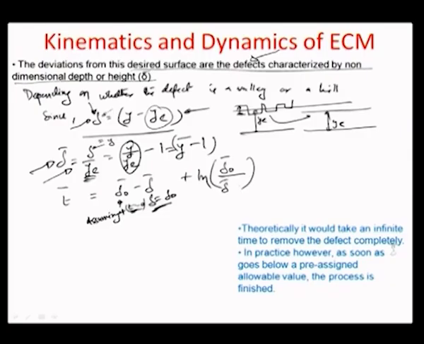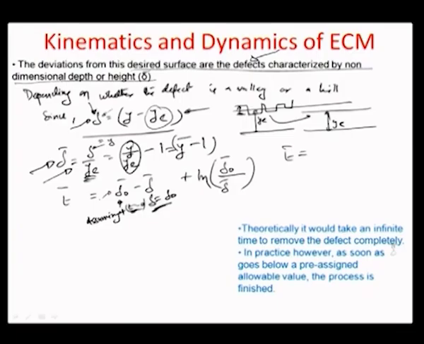And therefore, the whole idea is that the T dash that we are looking into is actually equal to this delta 0 dash minus delta dash plus ln delta 0 dash by delta dash.